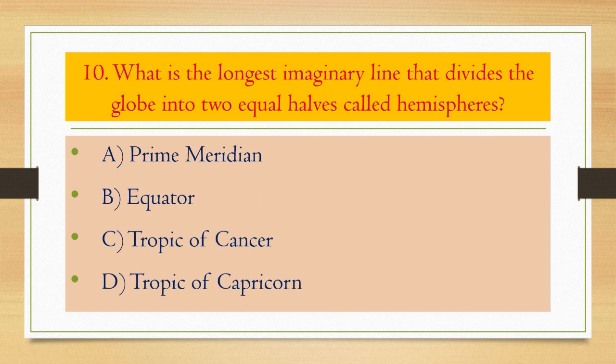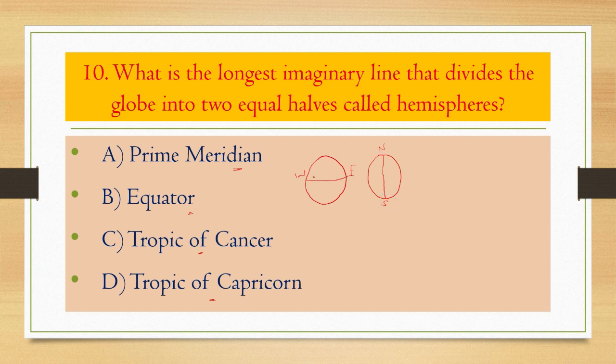Next question. What is the longest imaginary line that divides the globe into two equal halves called hemispheres? First one is prime meridian, B equator, C Tropic of Cancer, D Tropic of Capricorn. So here it's a simple answer. We are drawing two circles. One line is drawn from the middle west to east, and one line is drawn from north to south.